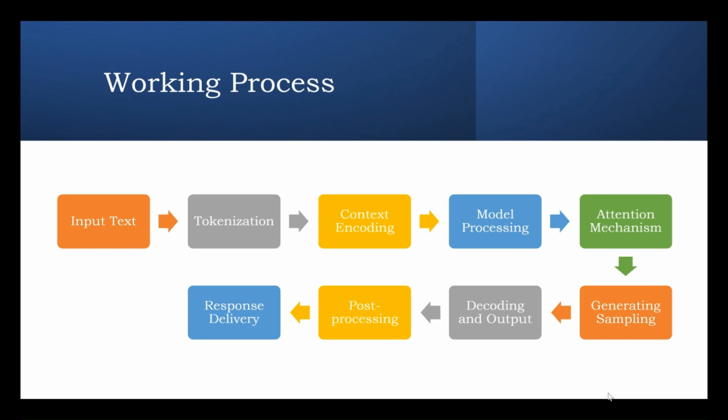After that, it gives the output to the user, either through a user interface, a chat application, or any other medium that facilitates the interface between the user and the ChatGPT. This is the working process from the input to the output in ChatGPT.